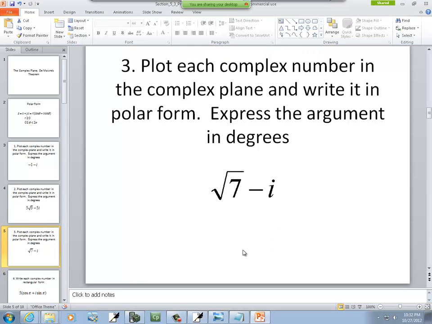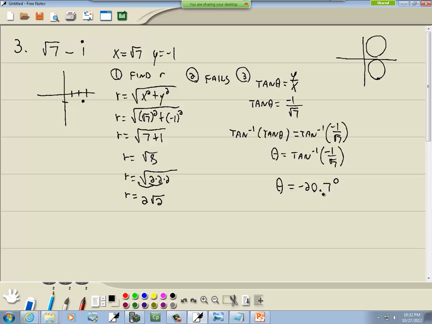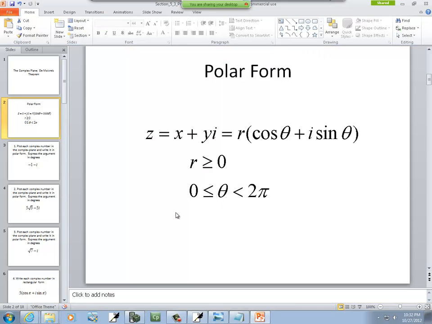Okay. I'm going to go back up to here, where I'm defining it. I said theta has to be between 0 and 2 pi, or 0 and 360 degrees if I think of it in degrees. This is not between 0 and 360 degrees. So what we want to do is add 360. Because by adding 360, we go all the way around the unit circle, and we're back where we wanted to be.